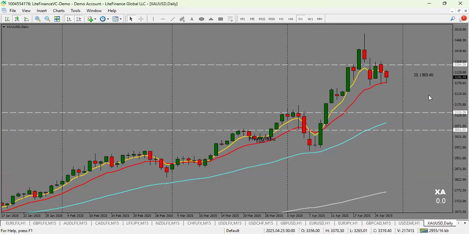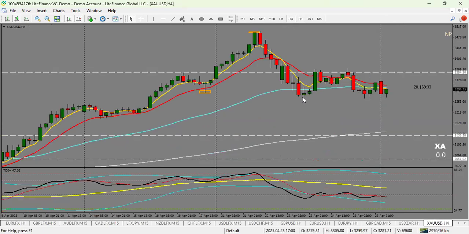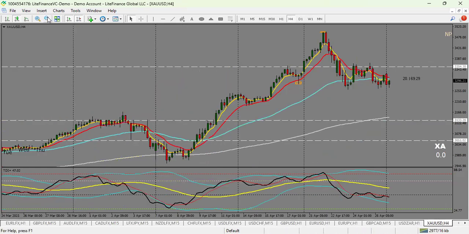On the daily time frame, you can see price is still rejecting the 13 EMA to continue going up. Price has been confined in this zone here. I've been following gold in this zone, looking for buys. You can see the shark fin started right here.